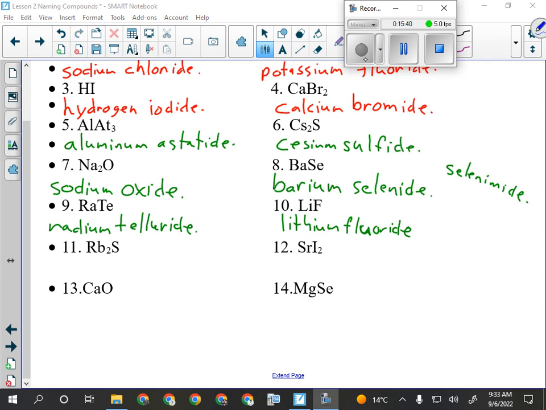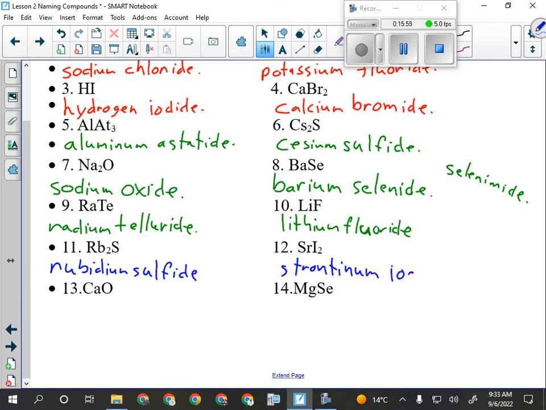Alright, so, for number 11, Rb is rubidium, S is sulfur, so this would be rubidium sulfide. Okay, Sr is strontium. So again, the metal's name is unchanged, and then it's with iodine, so we change the ending of that to ide, iodide.